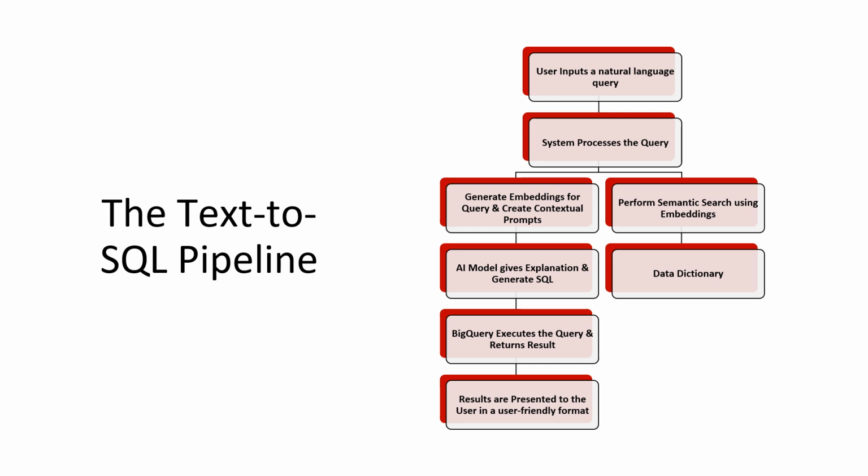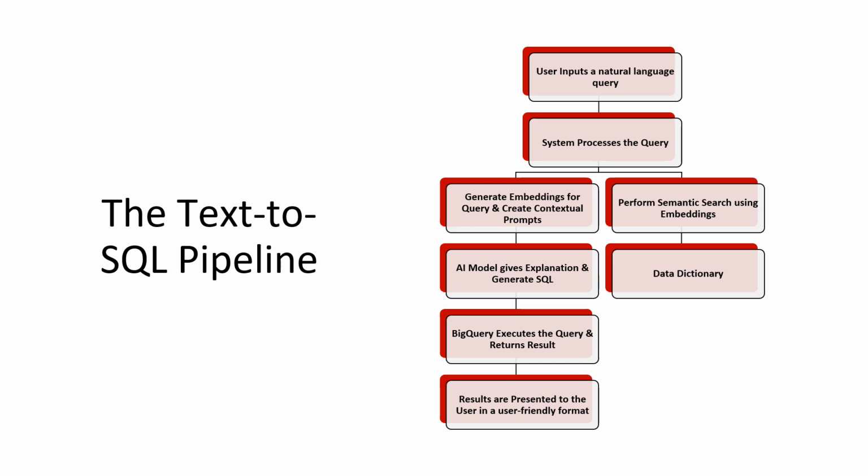And the next is the AI generating an SQL query tailored to your request, and also providing an explanation of its logic, making the process transparent. The next step is BigQuery executing the SQL command and retrieving the results effectively, even for large-scale datasets.